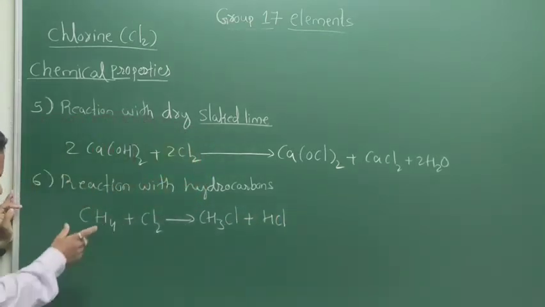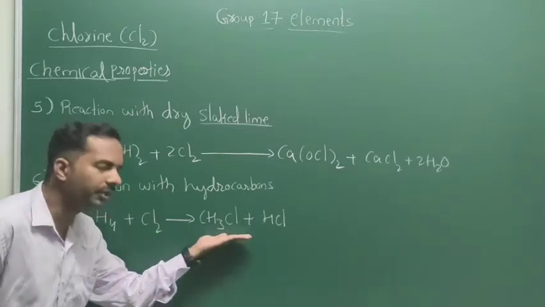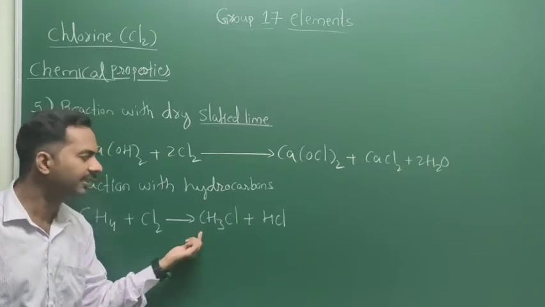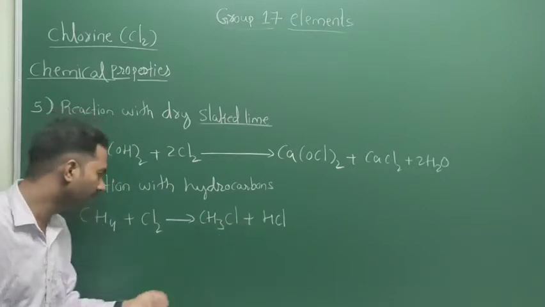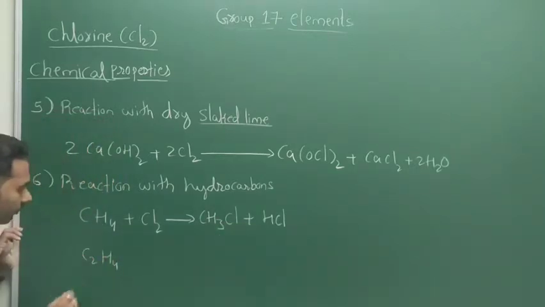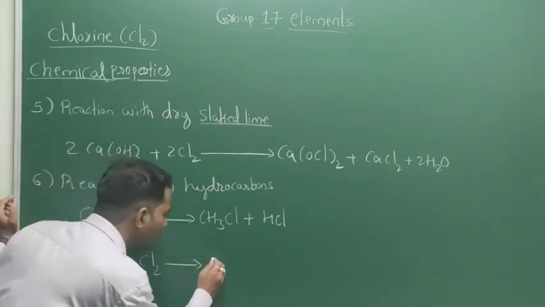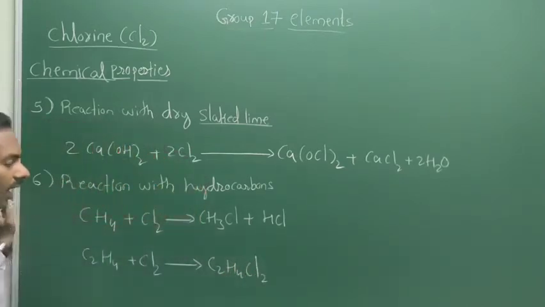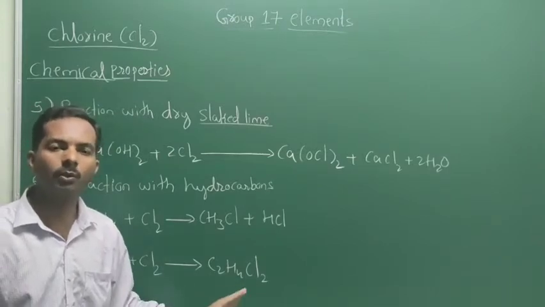So here hydrocarbon reacts with chlorine to form substitution product with saturated hydrocarbon. So second example, C2H4 reacts with chlorine to form 1,2-dichloroethane.